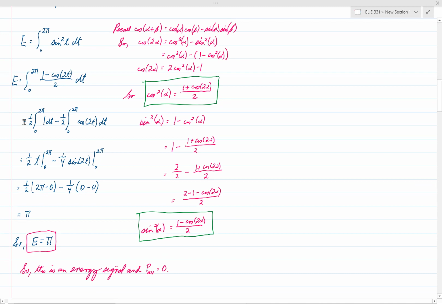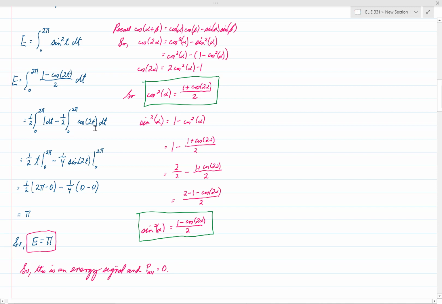So that's what we will do. And then we can break this integral up into two integrals. We have 1/2 integral from 0 to 2 pi of 1 dt minus 1/2 again, integral from 0 to 2 pi of cosine 2t dt. And so the integral of 1 dt is just t, and we're integrating that from 0 to 2 pi.